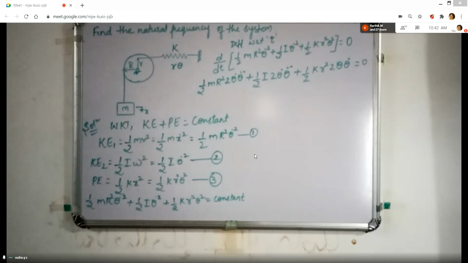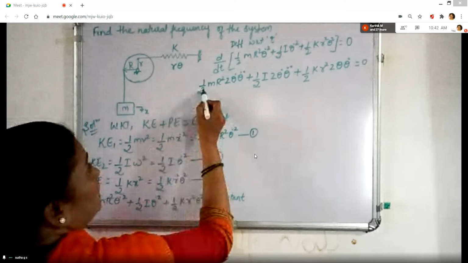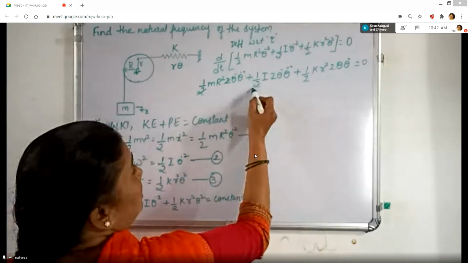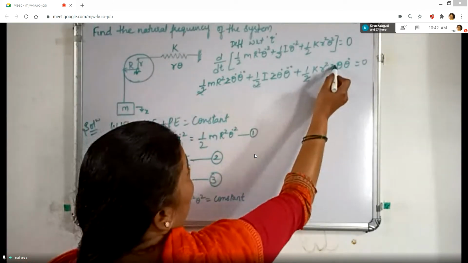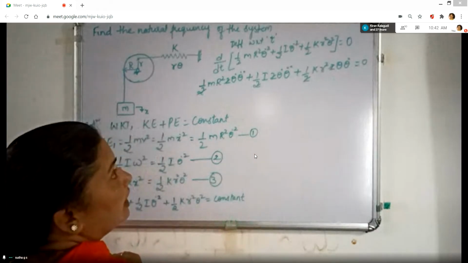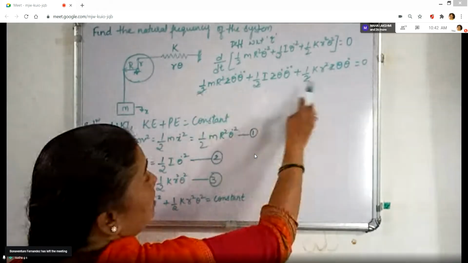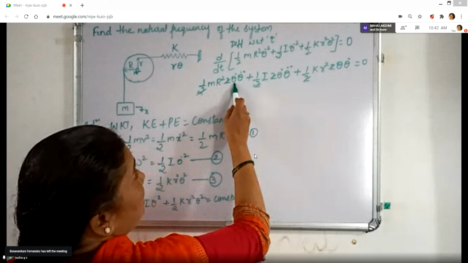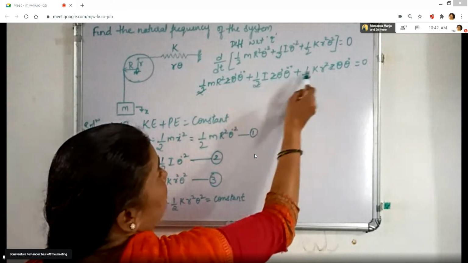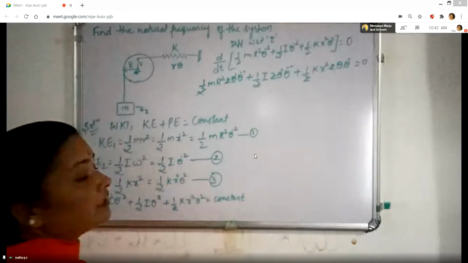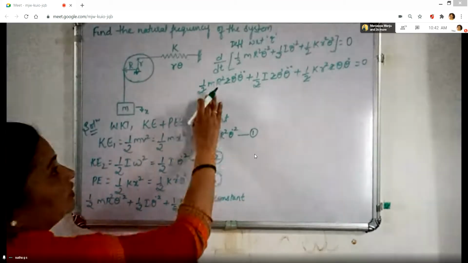Next, simple mathematics you apply. 2 cancels in all the equations, and all the terms have theta dot as common. Fine. What you are left, you write down.